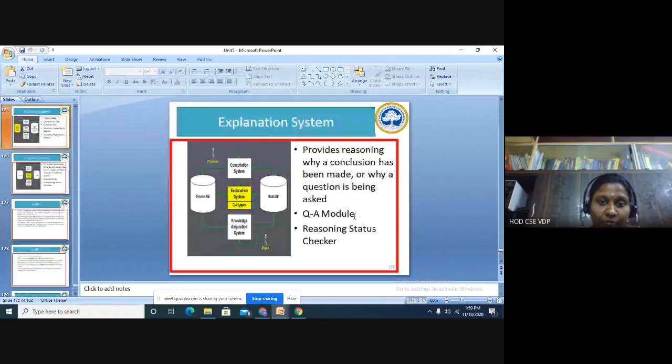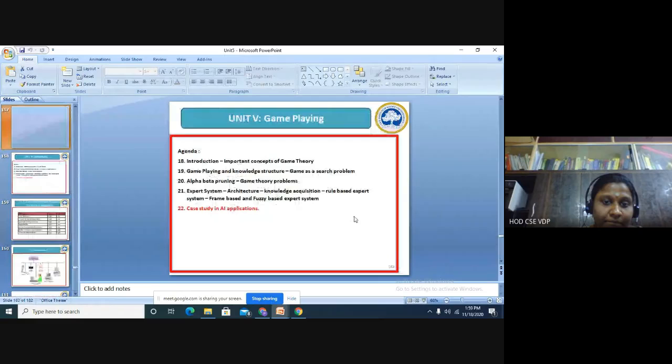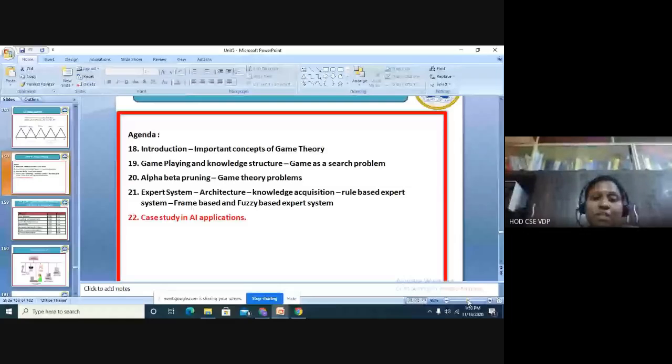I'll show you the topics once again. Topics. We started with important concepts of game theory. So here you saw something about saddle point. Min max should be equal to max min, that is saddle point.